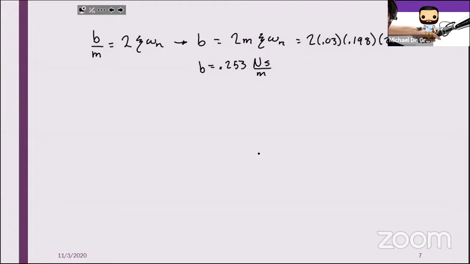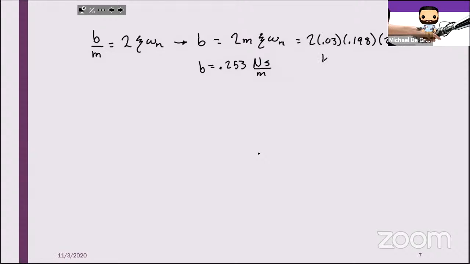Or, right, if we wanted to get crazy, wasn't a Newton just a kilogram meter per second squared? Isn't this just really kilogram meter per second? Isn't this just a kilogram per second? Right? We'll just leave it at Newton seconds per meter.